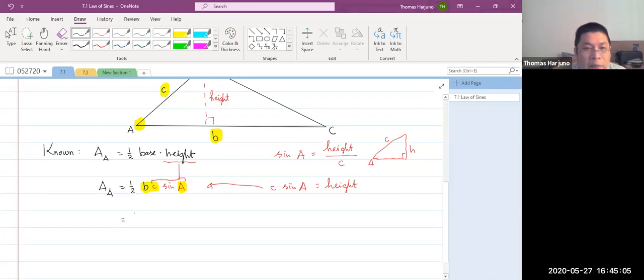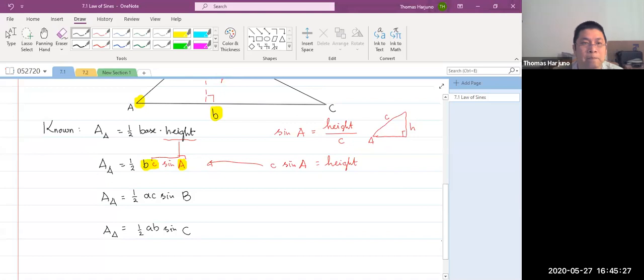Instead of 1/2 bc sine A, I can make it 1/2 ac sine B, or 1/2 ab sine C. Now it's the same triangle, right? So all these three should be the same.